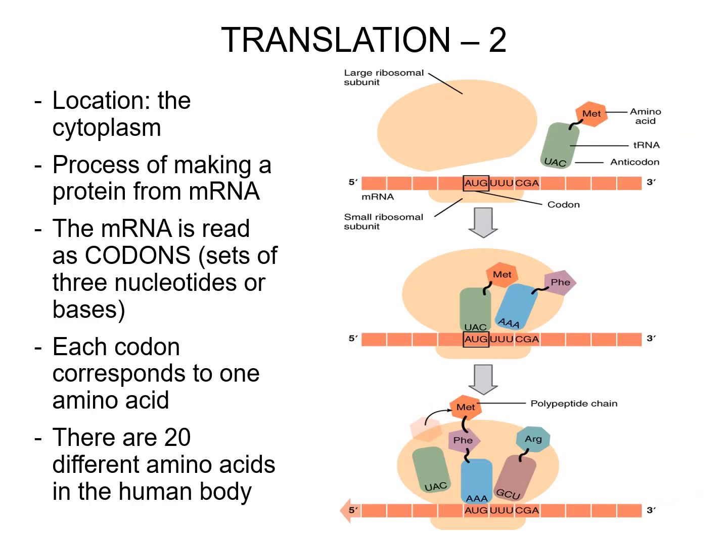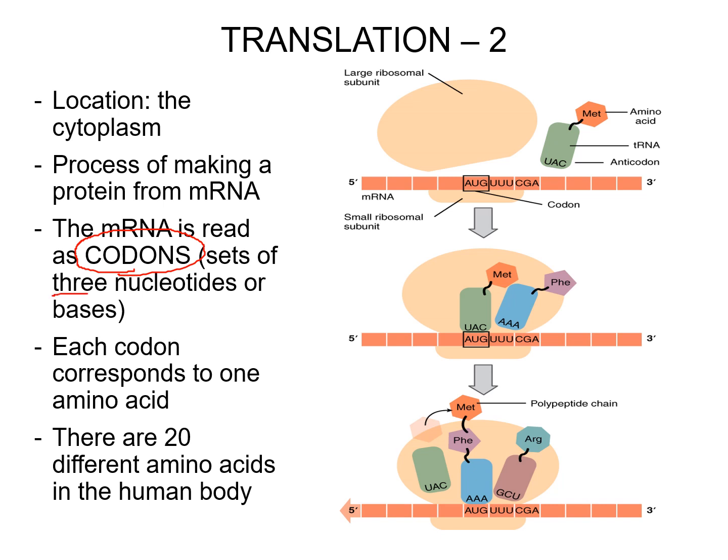So once again, happening in the cytoplasm. And how this works, how the transfer RNA actually brings it to the ribosome and how we actually make amino acids from this, is it exists in something called codons. Another way of saying a codon is a triplet.